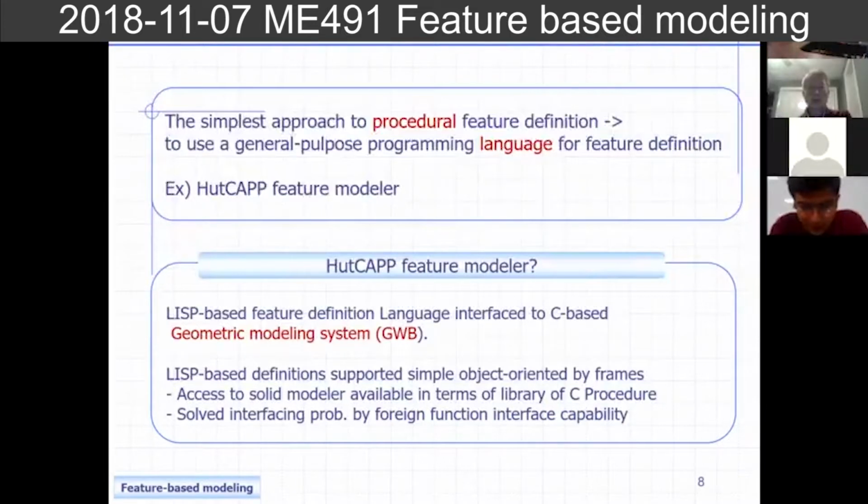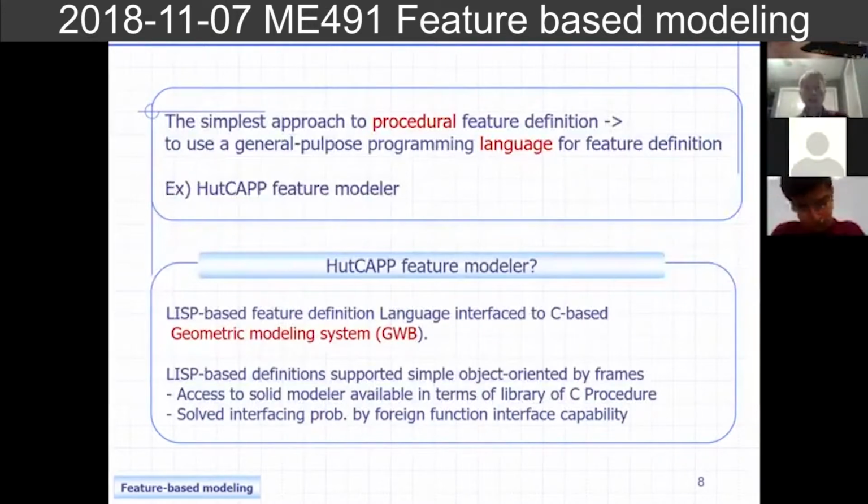HUT-CAPP is process planning, CAPP, specialized and developed at a Finland university. Right? So they say this is a kind of feature modeler. It is a modeler developed for feature modeling.